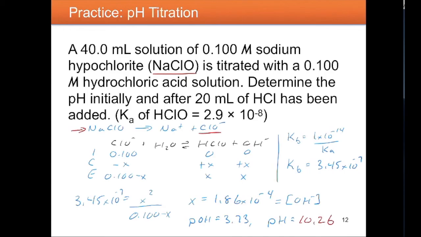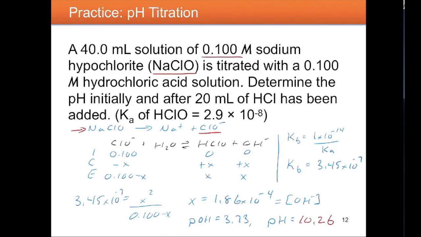So we're going to set up the ICE table. Let's write out the reaction between ClO minus and water. So we have ClO minus plus water producing HClO plus OH minus. And filling out the ICE table, we know that we have an initial concentration of 0.1 molar sodium hypochlorite.